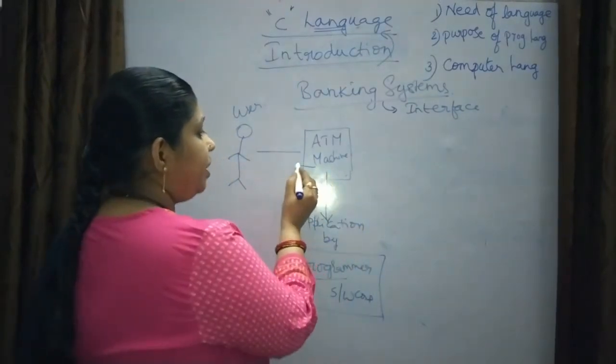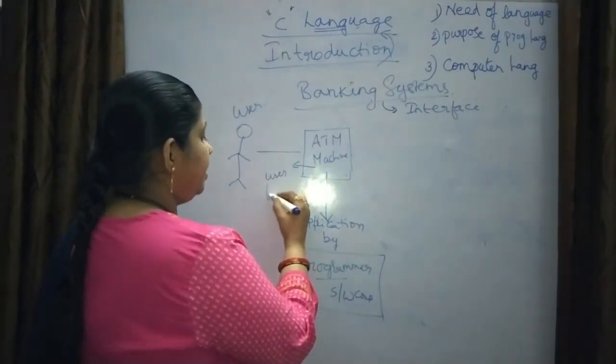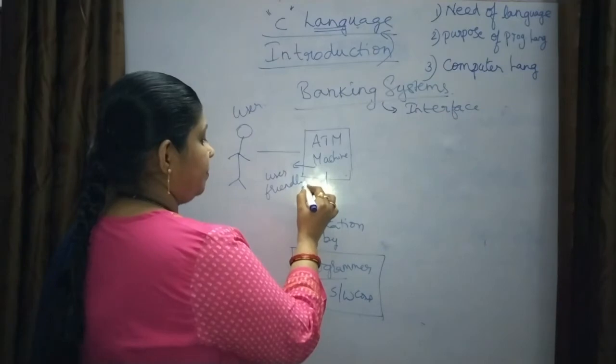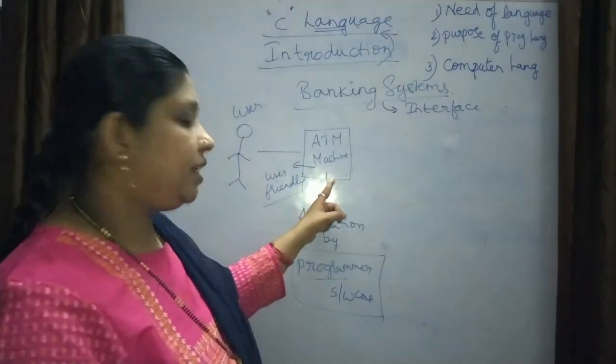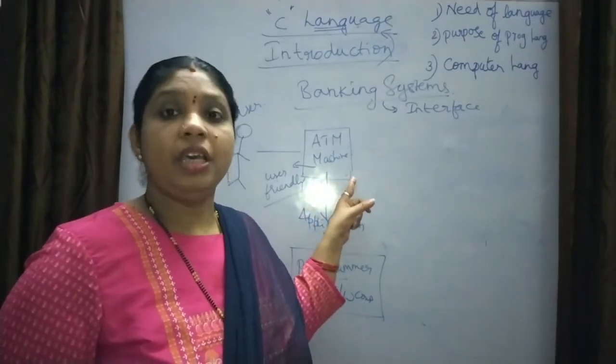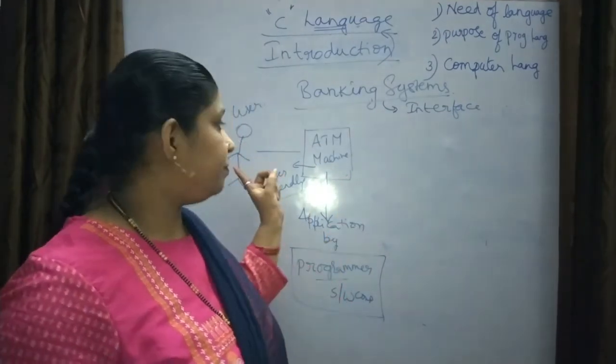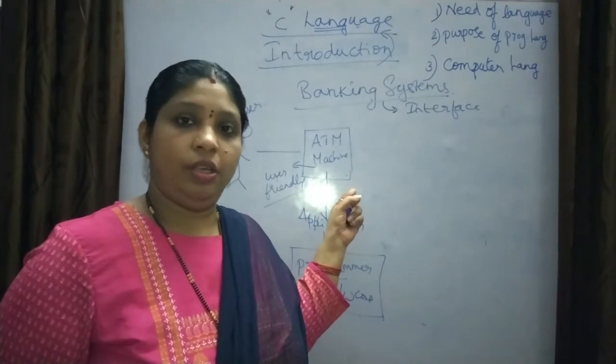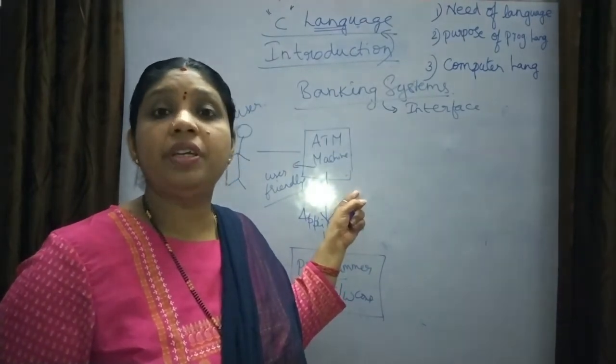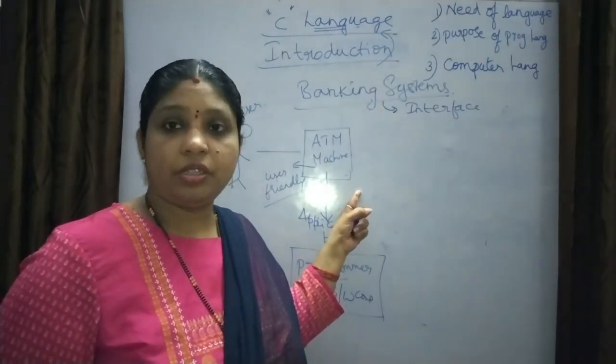So it will be user friendly to him. Am I right? If it is not user friendly, if it is not easy to operate, then will he come here and take the money? No, he will not come. He will never go to the ATM machines.